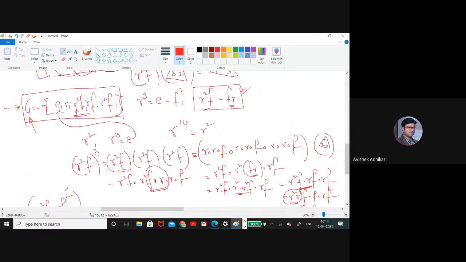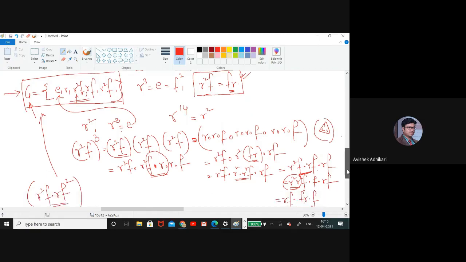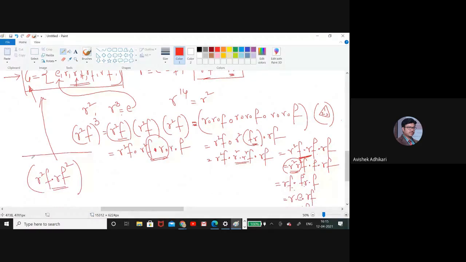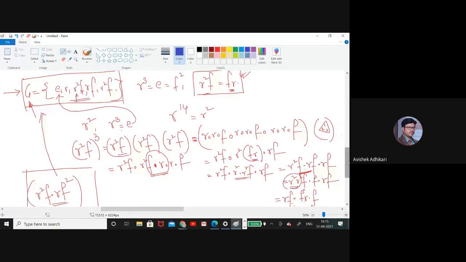So I need to simplify this so that it looks like one of the elements of G. Quickly, because this kind of question is frequently asked in competitive exams. They give you some expression and then they ask what the simplified form is.